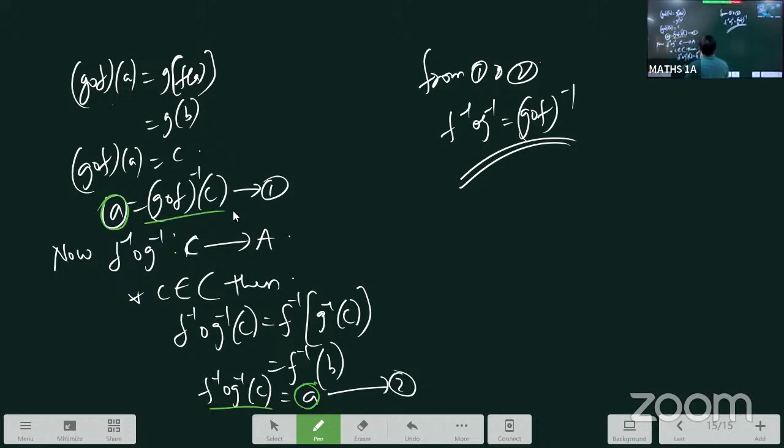That only we did. So F inverse circle G inverse is equal to G circle F whole inverse. Very important theorem. Once again, you can have a look.